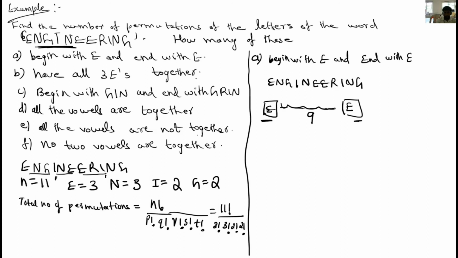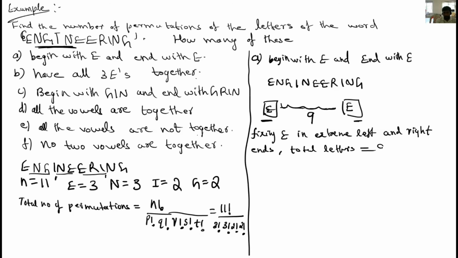Fixing E in extreme left and right position, total letters remaining equal to 9. Okay, 9 plus 2 equal to 11.